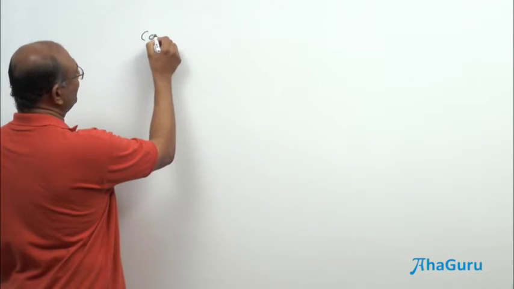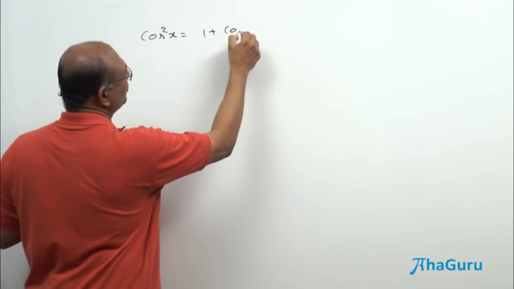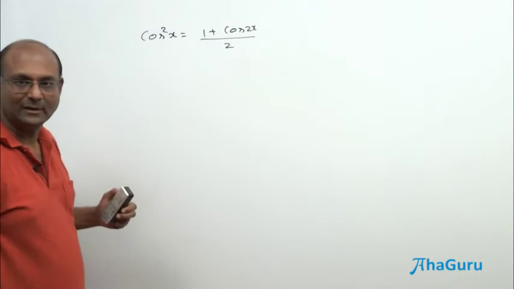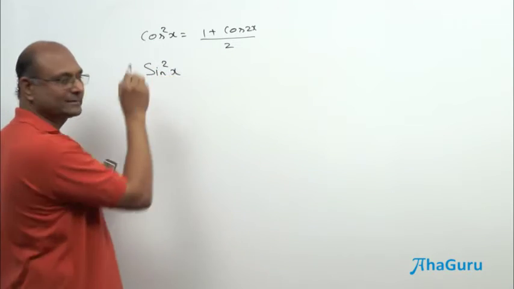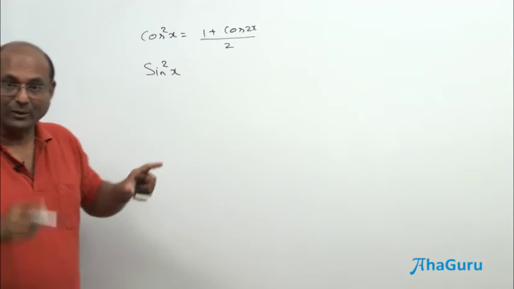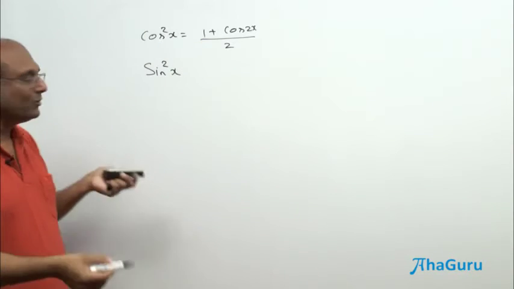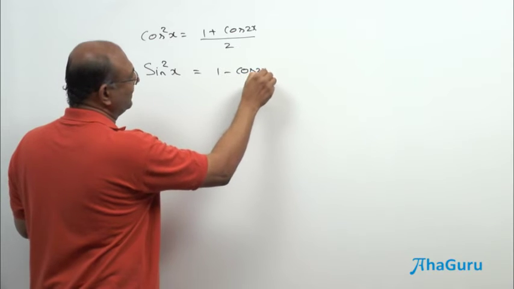So for example, cos square x, you can write it as 1 plus cos 2x by 2. 2 cos square x is 1 plus cos 2x. Similarly, sometimes you will end up with sin square x. You can always write that as 1 minus cos square and then write cos square like that. But when you do that, what you're going to end up with is 1 minus cos 2x by 2.